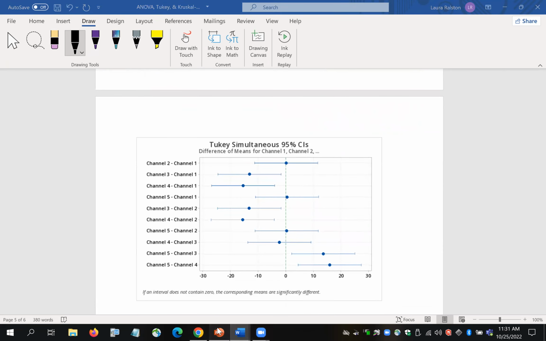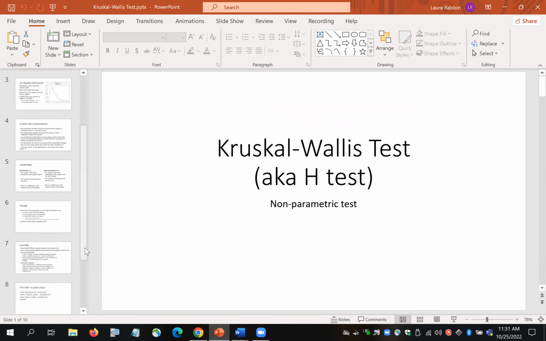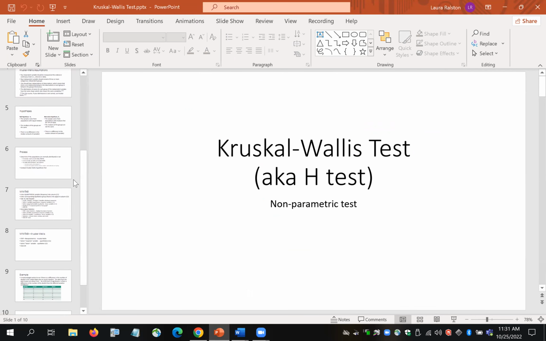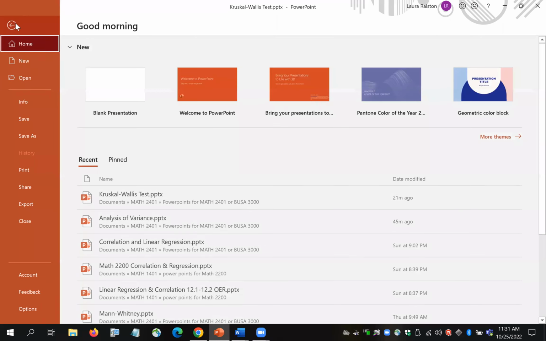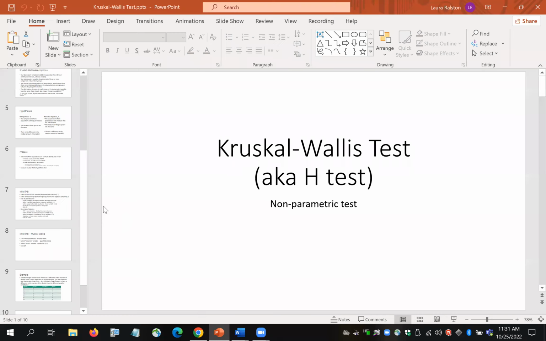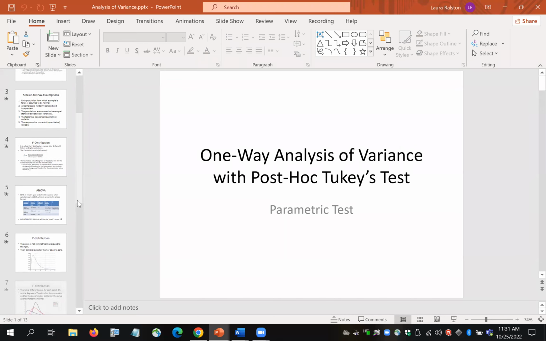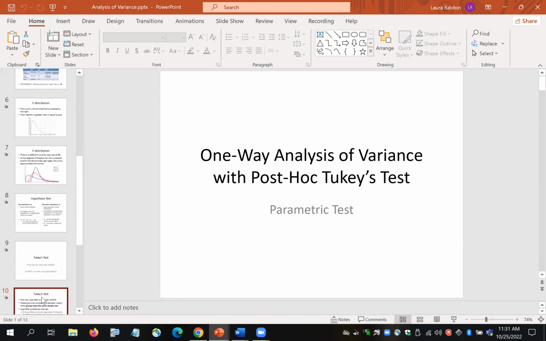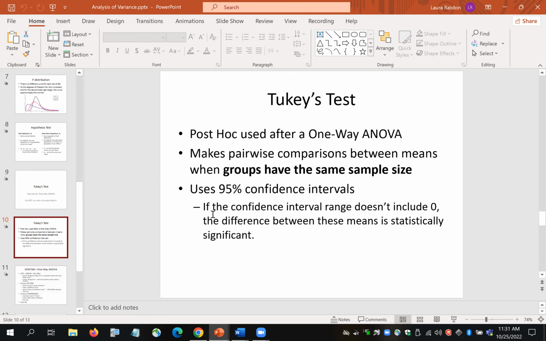Okay, if you go back to the PowerPoint and look at the instruction, on two case tests, it says if the confidence interval range doesn't include 0, the difference between these means is statistically significant.